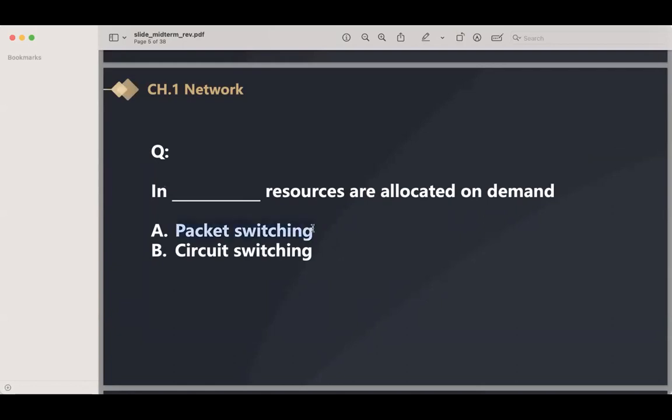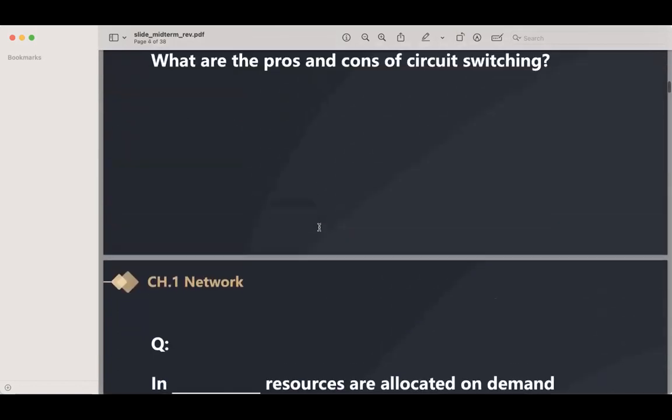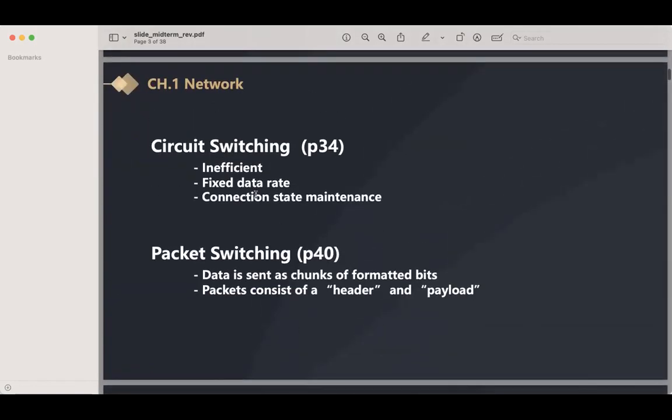The answer is A, right? And you can go back to the first page and have a check. Circuit switching is inefficient because everyone has their own bandwidth and does not share it with other people.